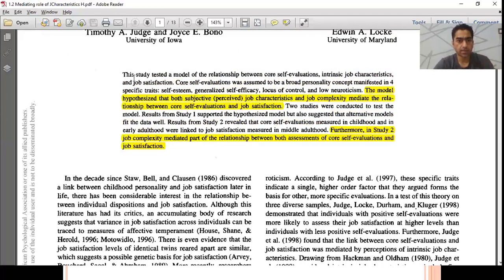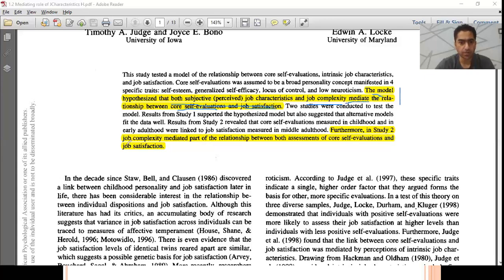This study tested a model of the relationship between core self-evaluation, intrinsic job characteristics, and job satisfaction. The model hypothesized that both subjective job characteristics and job complexity mediate the relationship between core self-evaluation and job satisfaction. So the thrust is on the mediating effect.